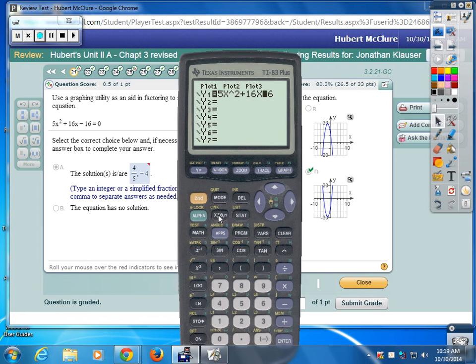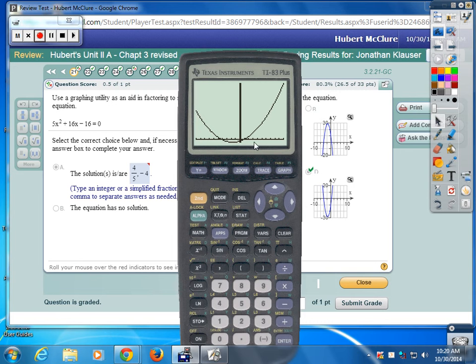I know, it's a pain. Minus 16. And I'm on zoom 0. Okay, so it dips just a little bit below, but the way it's set up, I don't like that.